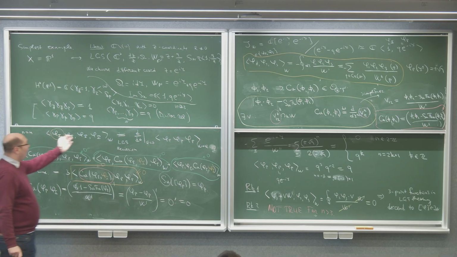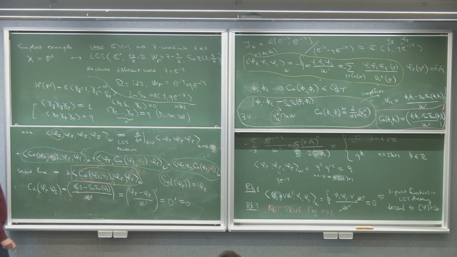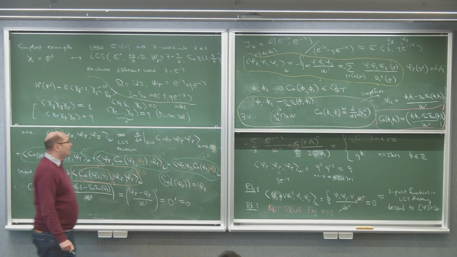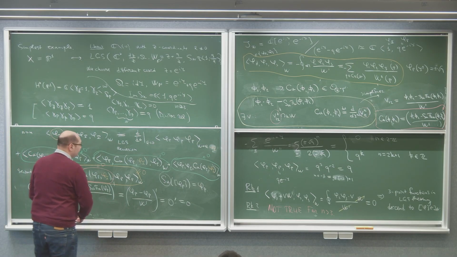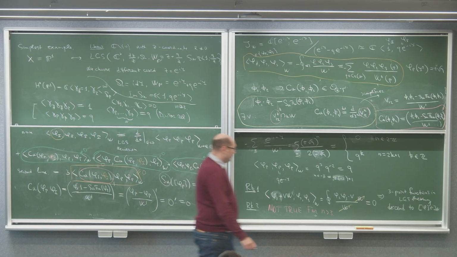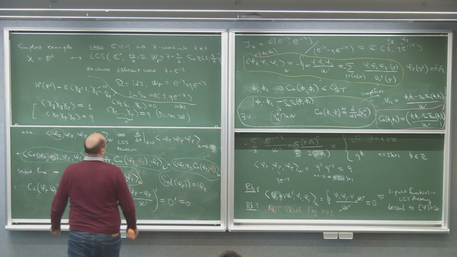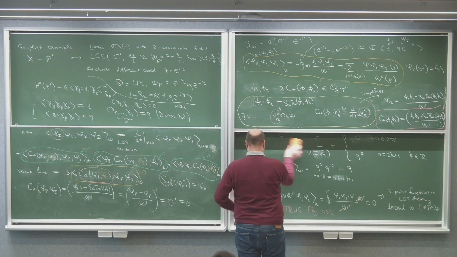So for the 4-point function, we are only left with a single contribution, which is the 3-point function of phi p and phi p in the theory with deformed superpotential.